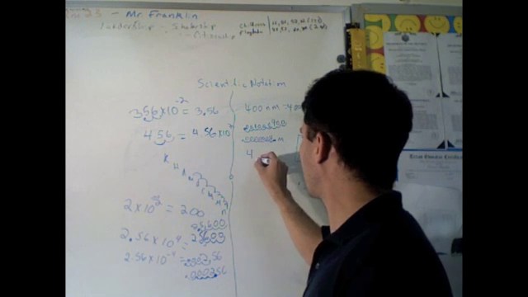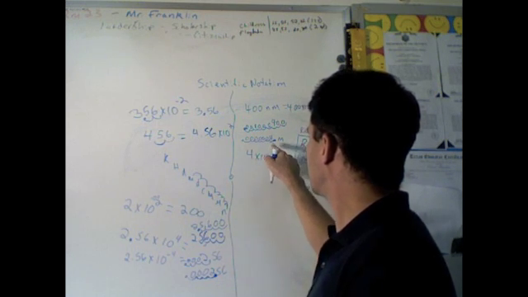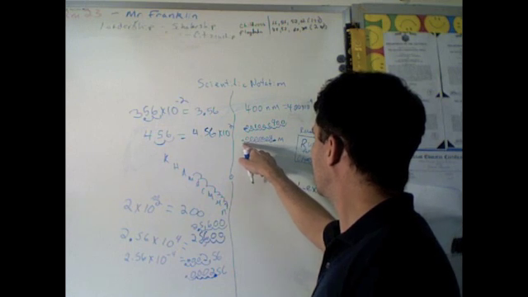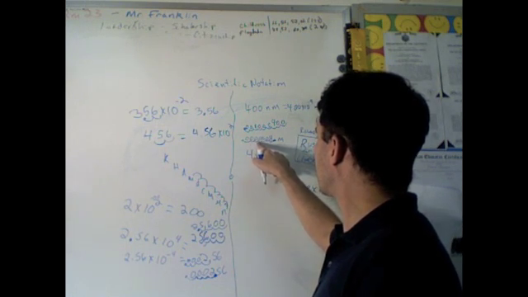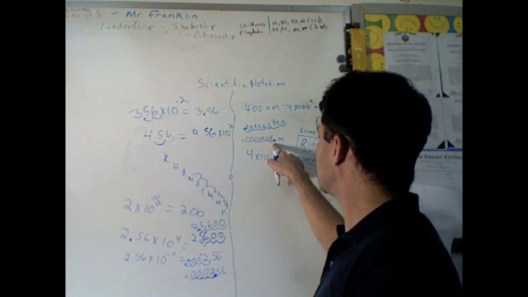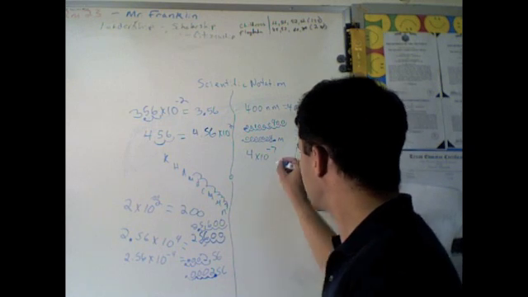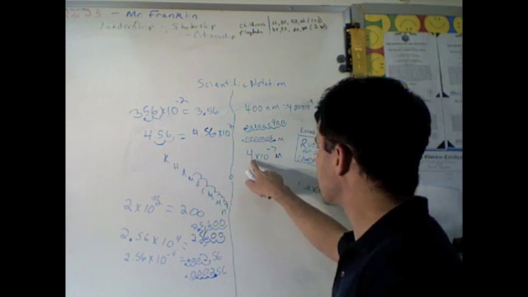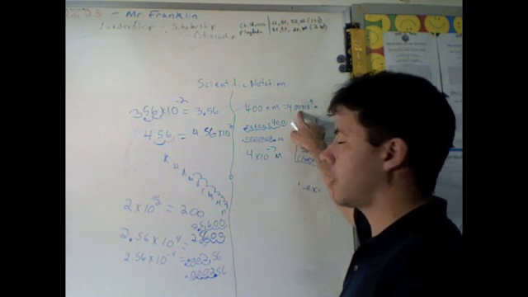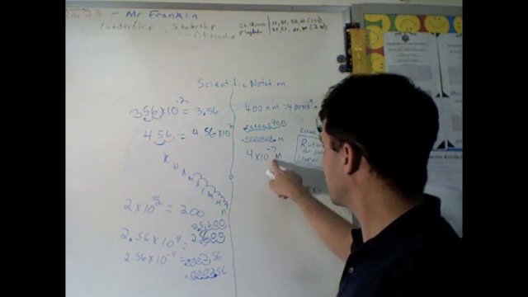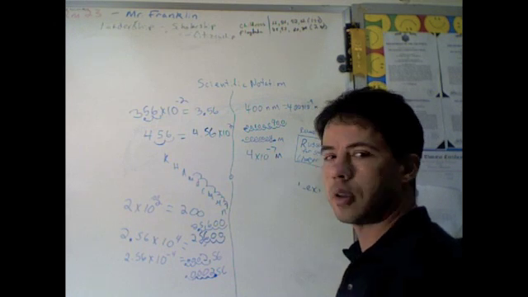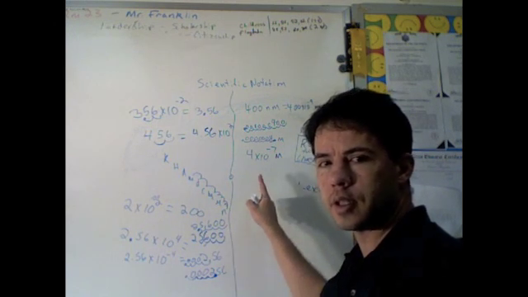So now I've got 4 times 10 to the 1, 2, 3, 4, 5, 6, 7, negative 7 meters. Notice this is 4 and that's 400. That's why there's a different number here. Now, real quick question. Why is this negative?